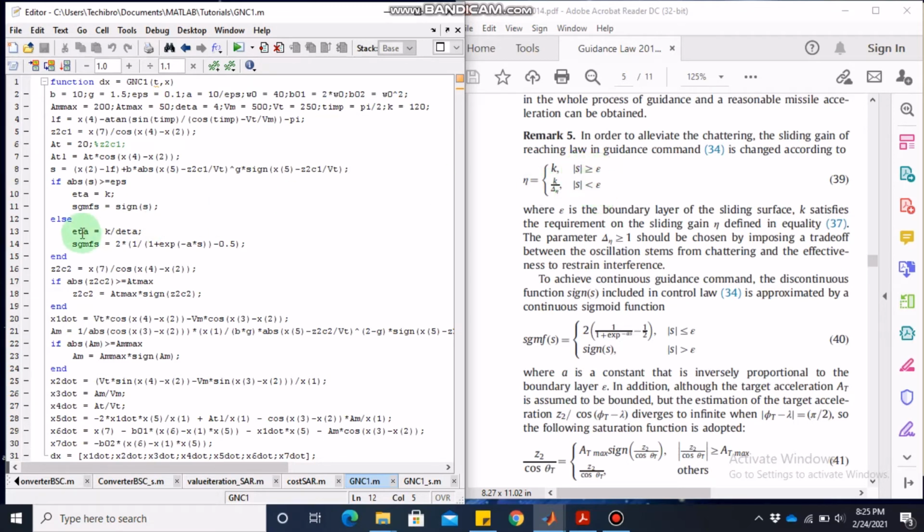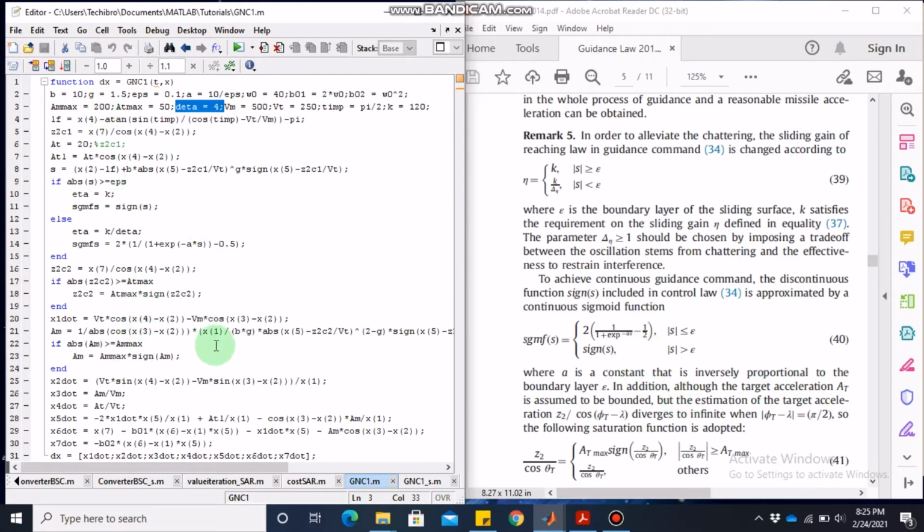So that is why I have decided eta is equal to k if the absolute value is greater than epsilon, otherwise eta will be k over d eta. D eta is also given in the paper, which is this value 4 given in the paper. And so all of these equations have been implemented in the code in the correct sequence.